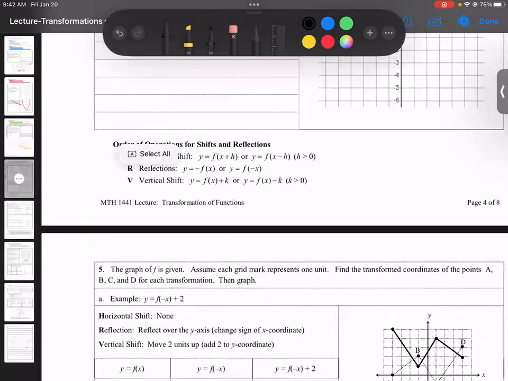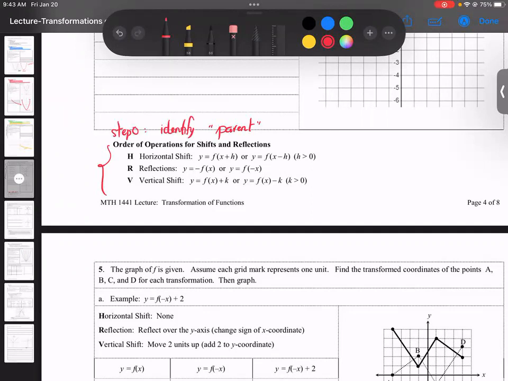So here are the steps. I would say step 0: identify the parent graph. Is it quadratic? Is it absolute value? Is it radical? Or a cubic? It doesn't matter.